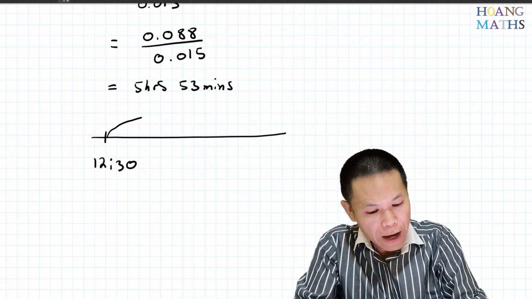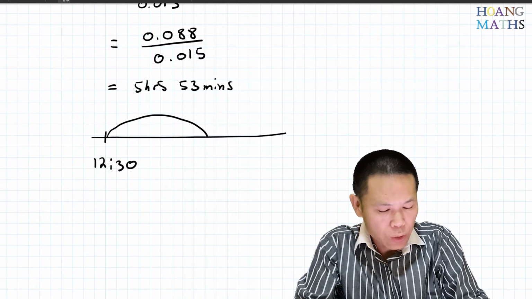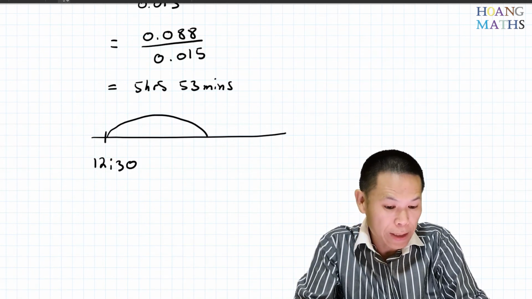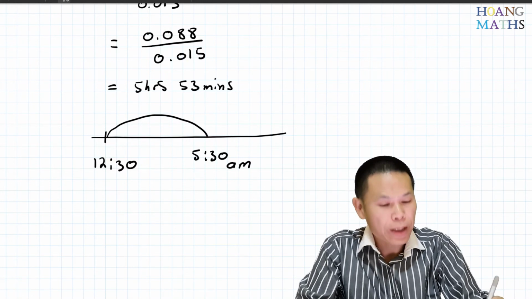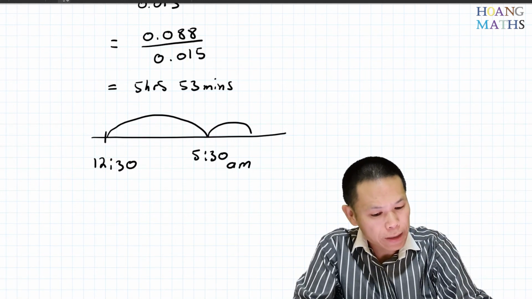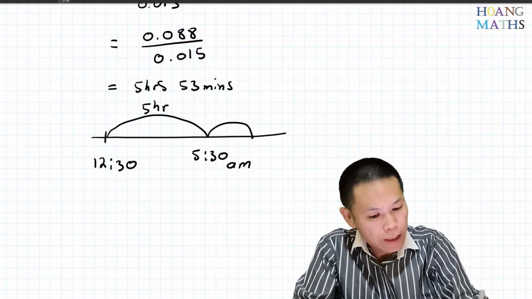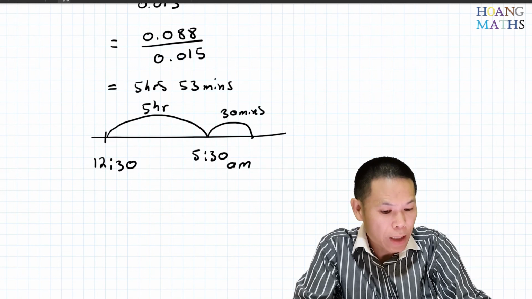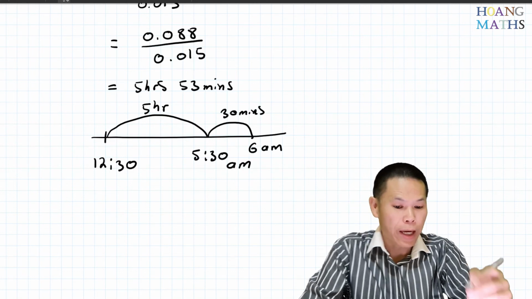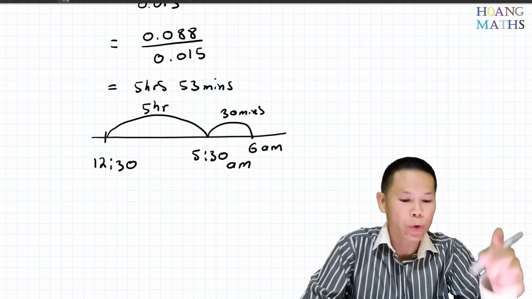If you add 5 hours, that means 12:30 plus 5 is 5:30 AM. And we add another 30 minutes. If I add 30 minutes, that will give me 6 AM. And of course, 53, so another 23 minutes.